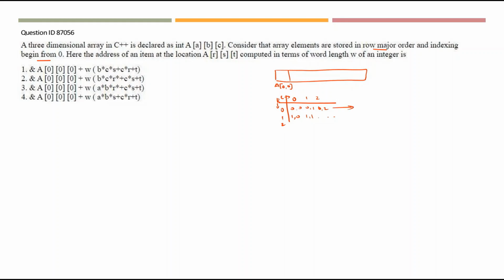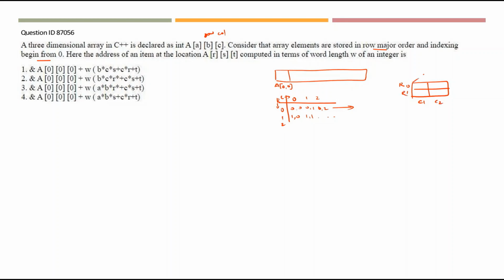Here there are 3 dimensions to an array. The last 2 dimensions will be the row and the column respectively. What is this A, the first index? It will be that particular block. Say for example, if you take this to be the 2D array, this is row 0 and row 1, this is column 1 and column 2.